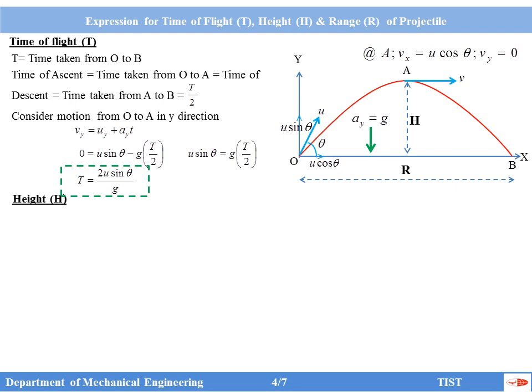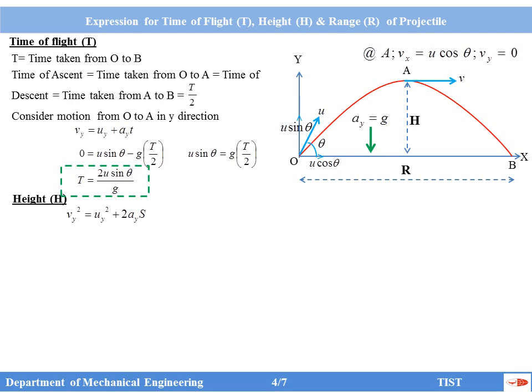Now height H, the expression for H. Again take the y direction motion. I am taking the next equation, v square equal to u square plus 2as. So vy square equal to uy square plus 2 ay s. Now vy we already know is 0, uy is u sin theta, ay is g. What is s? s is the displacement in y direction.